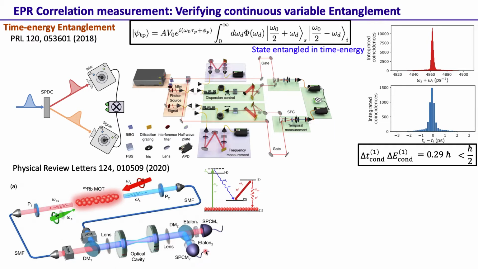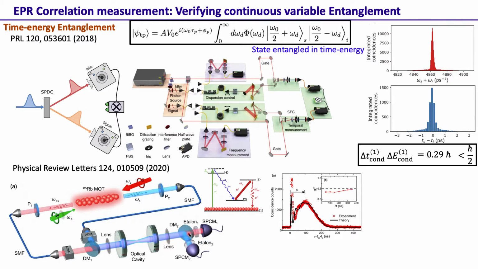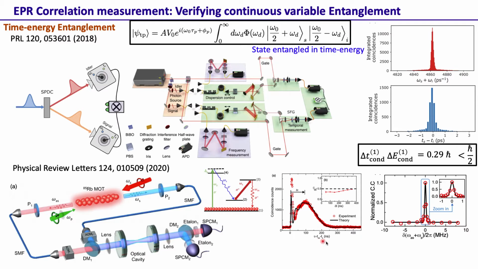Again, I will not go through the details of this experiment, but essentially one does a very similar measurement here, where the arrival time of one photon is known, and then we look at the uncertainty in the arrival time of the other photon. Again, knowing the frequency of one photon, we look at the distribution or the range of frequency over which the other photon can be found.